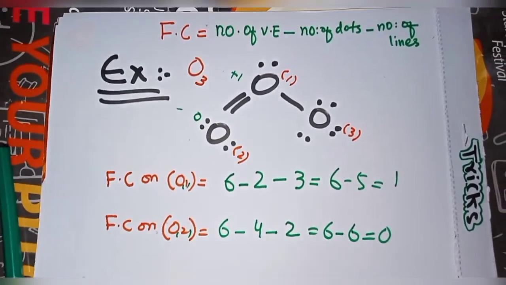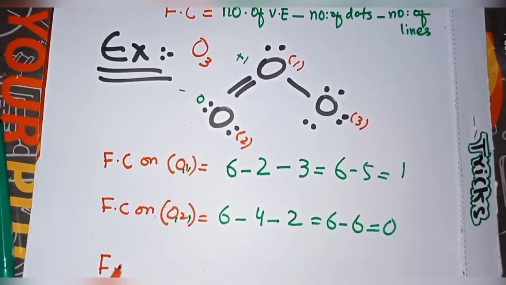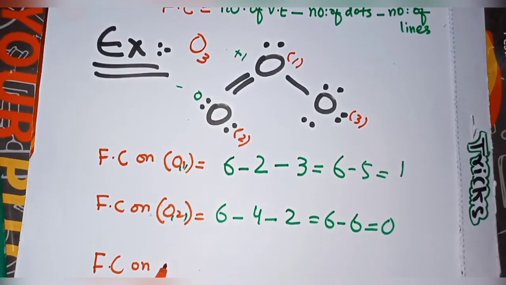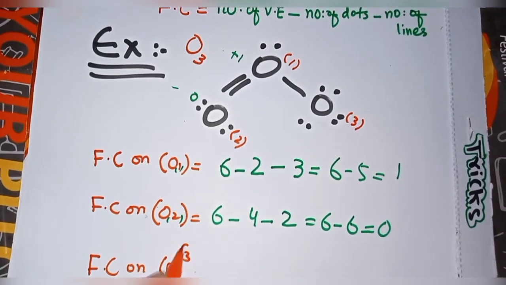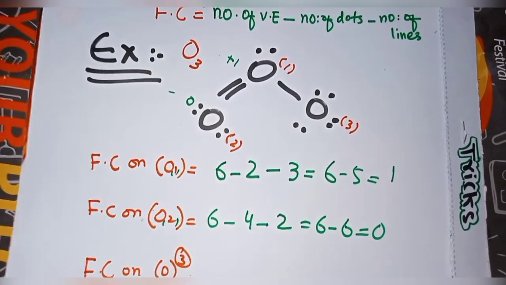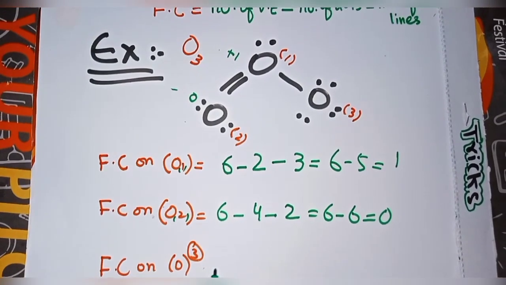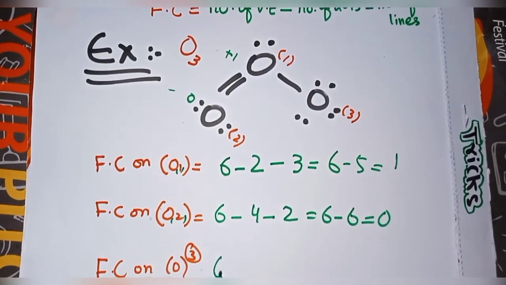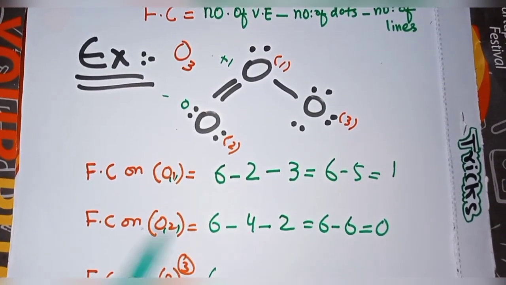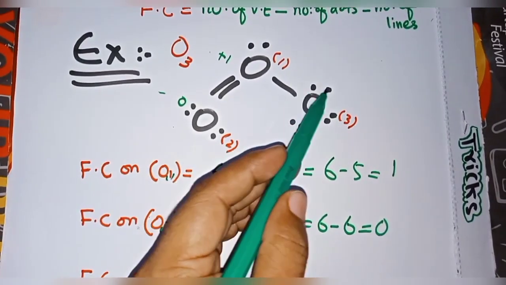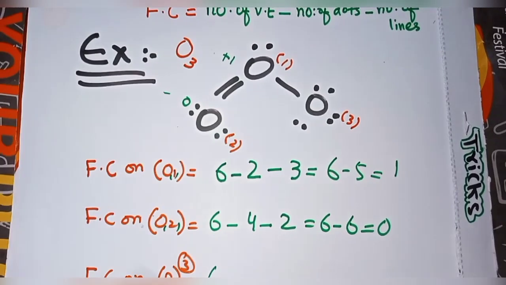Now we can find the formal charge on the third oxygen. For the third oxygen, as you know, it belongs to the 6th group, so 6 minus the number of dots, and we can count 1, 2, 3, 4, 5, 6.